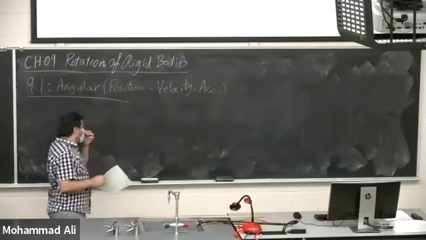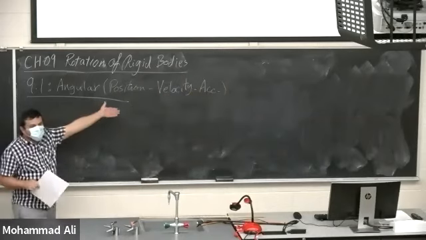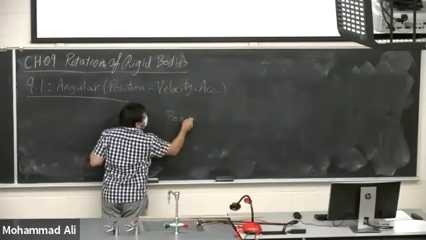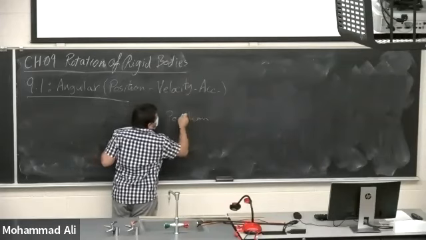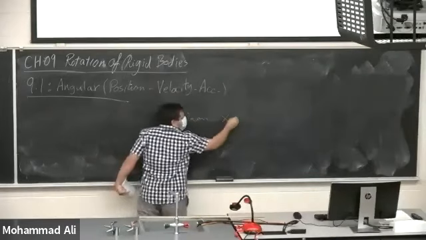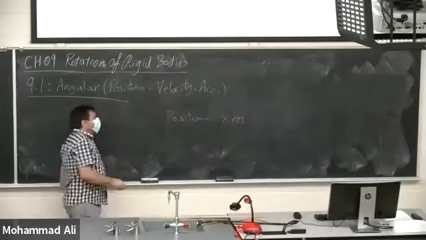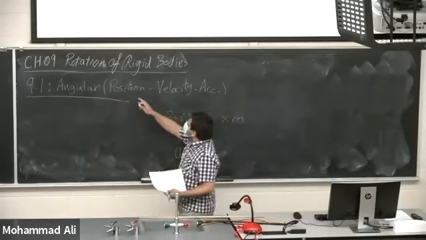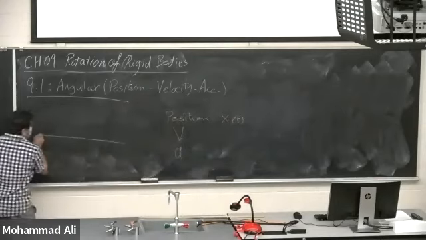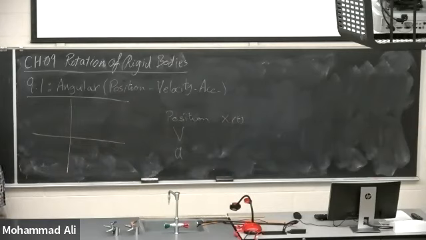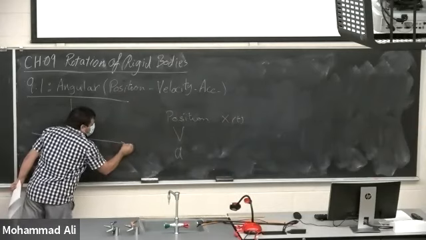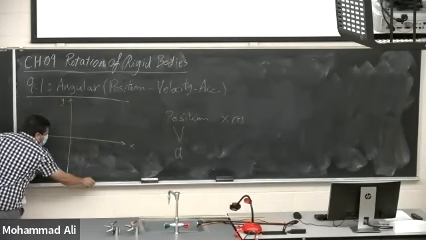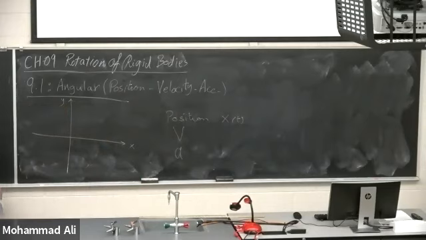As we have from before, we have linear position, which is x. From before, the position was x of t, as a function of time. And we have the velocity v, and the acceleration a. Now, the position, if we have the x, y coordinates plane, this is x, and this is y. And we have a point, this point.